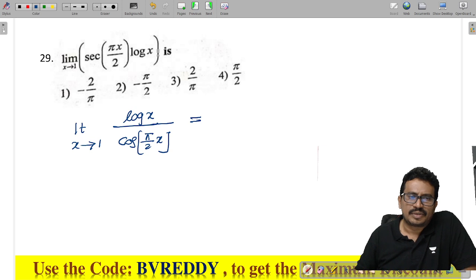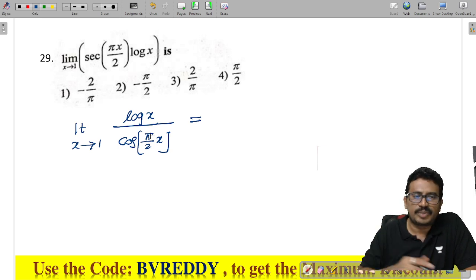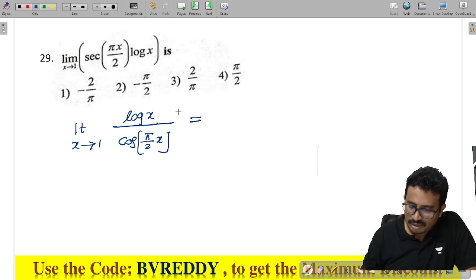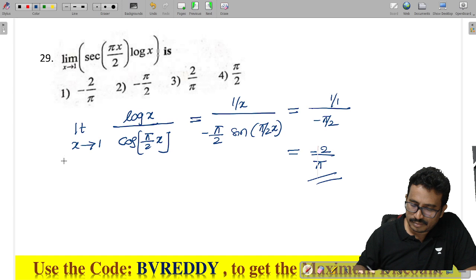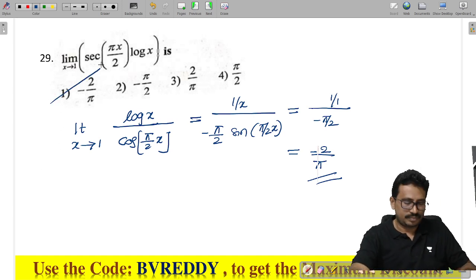Log 1 is 0, and cos pi by 2 is 0. For the 0 by 0 form, we can apply L'Hospital's rule. The derivative of log x is 1 by x, divided by pi by 2 times minus sine of pi by 2x. Now substitute x equal to 1. So this is 1 by minus pi by 2, which is equal to minus 2 by pi. So the first option.